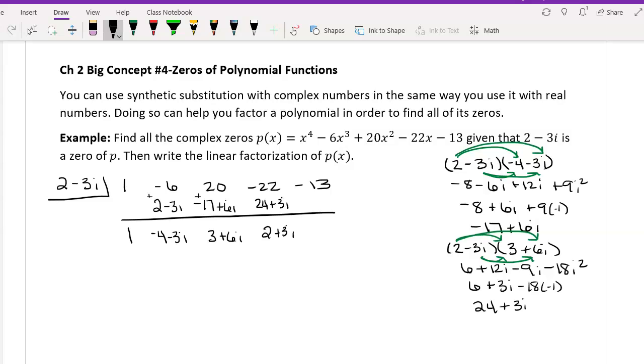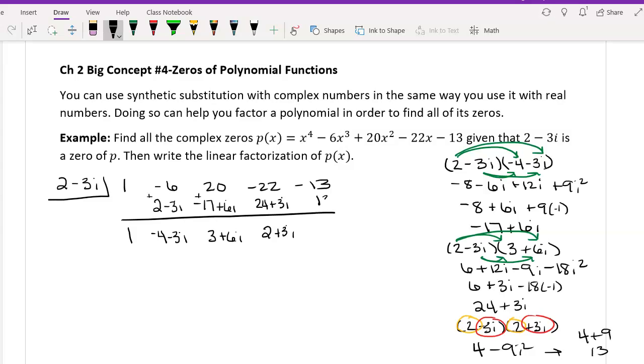All right, so we have to go through and we have to show 2 minus 3i, 2 plus 3i. Because these are complex conjugates, here's a reminder, you only have to multiply the first times the first, which in this case is 4, and the last times the last, which is negative 9i squared, which gets us 4 plus 9, which is 13.